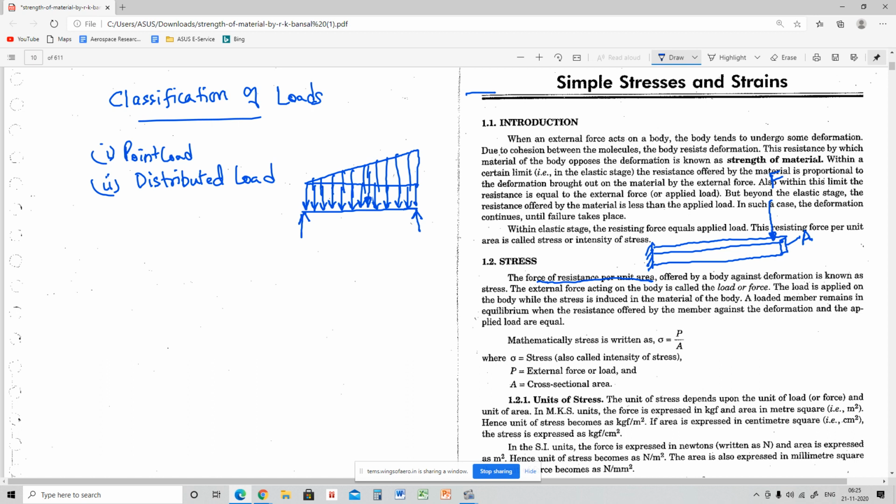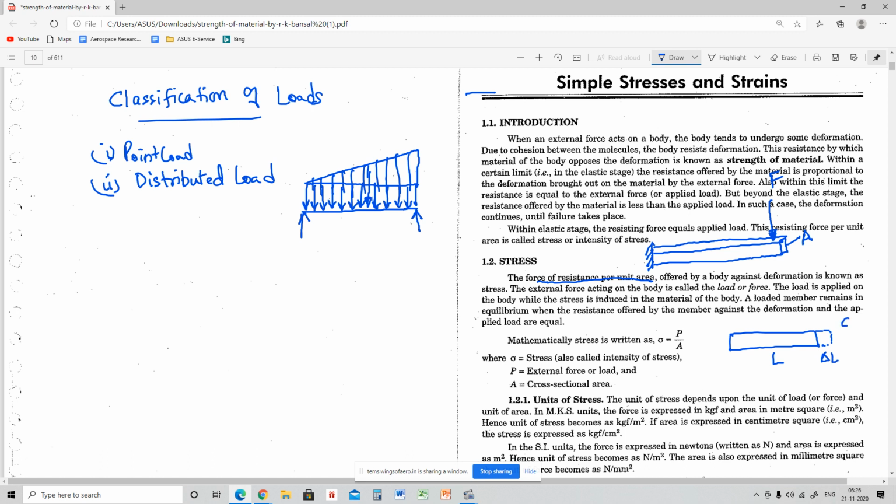Now what is strain? When this load is acting on this beam, it bends, and due to this deformation there will be some changes in the cross section of the beam. If I consider this as the original length, due to the deformation some extension of length has occurred.